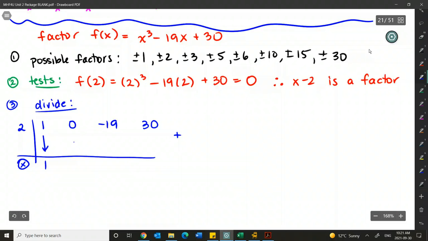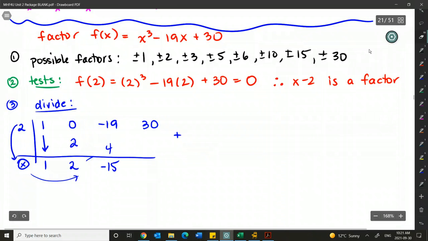So drop the first term. 2 times 1, answer goes up here. It'll be 2. Add that column. 0 plus 2, that's 2. Multiply. 2 times 2, answer goes up, 4. Add, get negative 15.